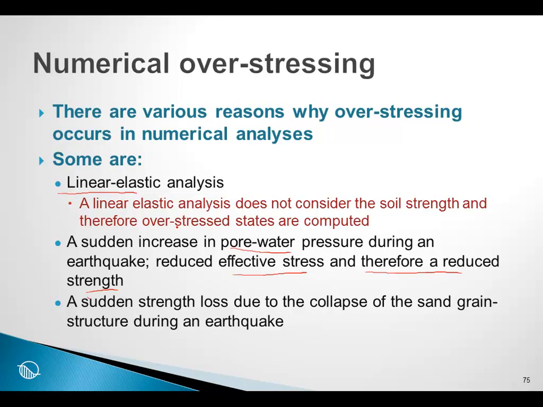Along the same vein, in an earthquake analysis, a loose sand may have a collapsible grain structure, and when the collapsible grain structure collapses, there is a sudden strength loss, and this manifests itself in perhaps loss of global stability, but often it is a strength decrease, and this strength decrease manifests itself in permanent deformation.